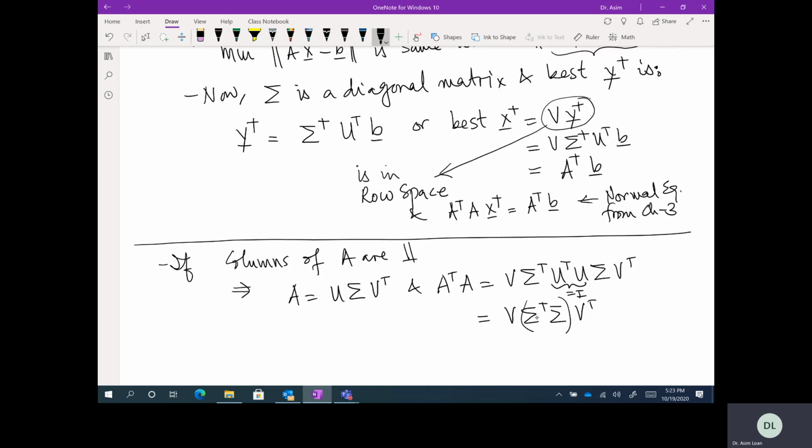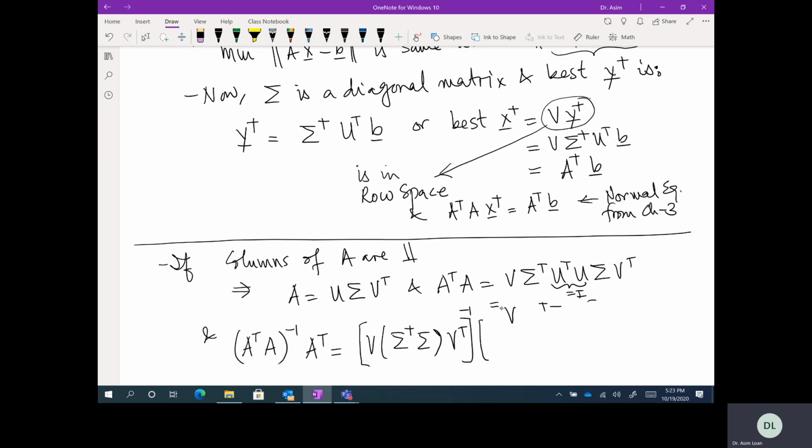And we said these were the eigenvectors. And what is A transpose A whole inverse into A transpose?